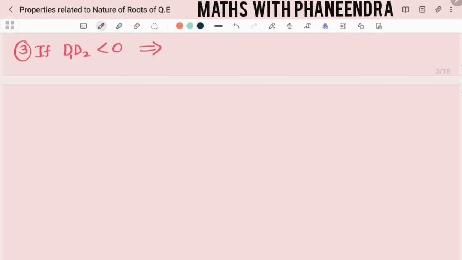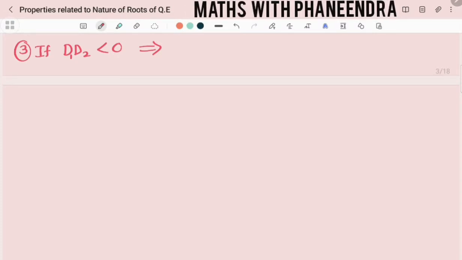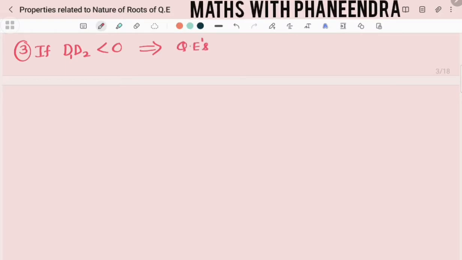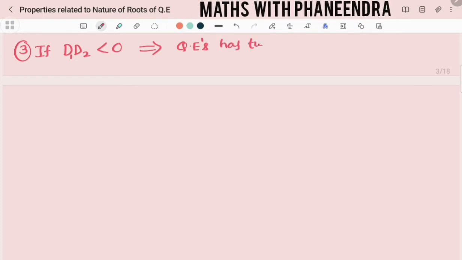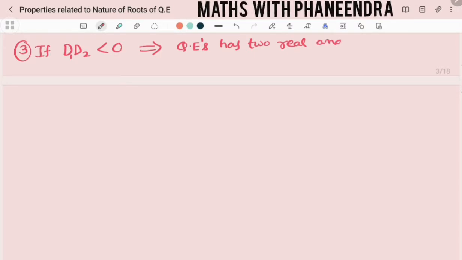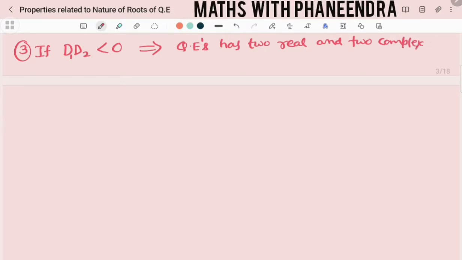d1 d2 is less than 0 means both the quadratic equations have two real and two complex roots. Complex means imaginary.